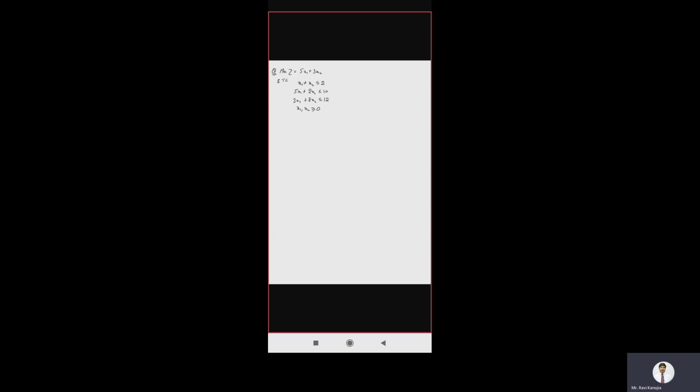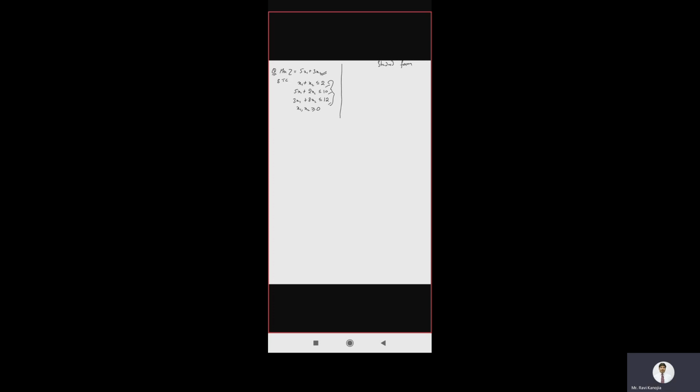The first step is that we need to see the objective function is of maximizing type. So this is done. Then the right hand side of the constraint equations should be positive. Again, this is done. The next step is that we need to convert this problem into the standard form. I write the standard form over here.